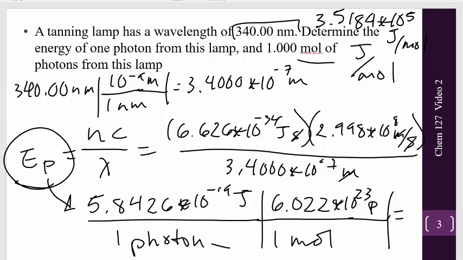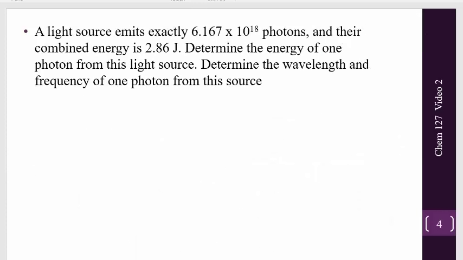Okay, now we can do one more kind of question like this. So now we have a light source and we know exactly how many photons were emitted from there. And we know the total energy that was emitted from that light source for all of those different photons. So we need to get to the energy of one photon and then determine from there the wavelength and the frequency. So what we want to get is joules per photon.